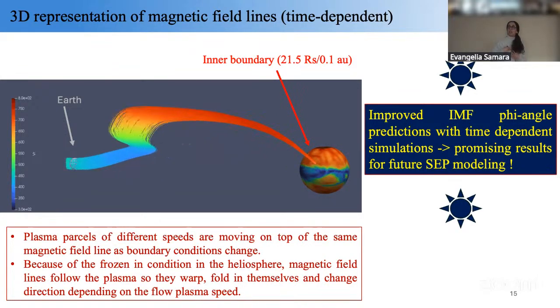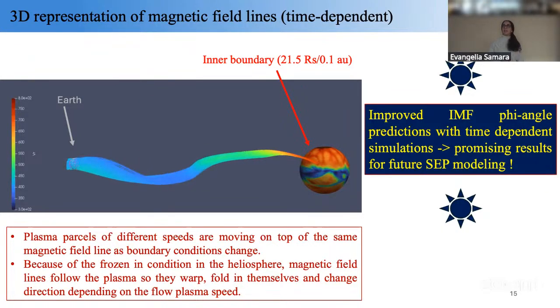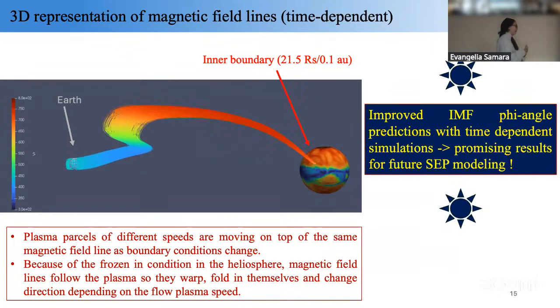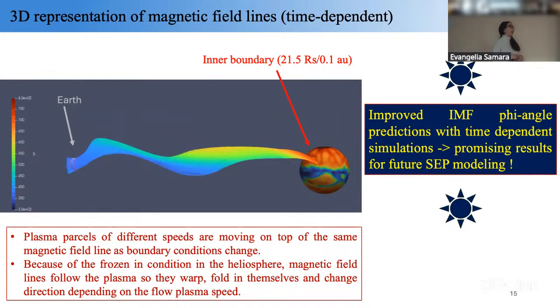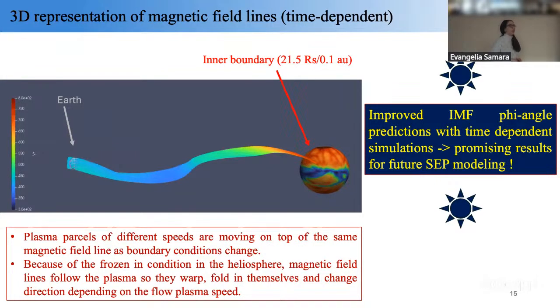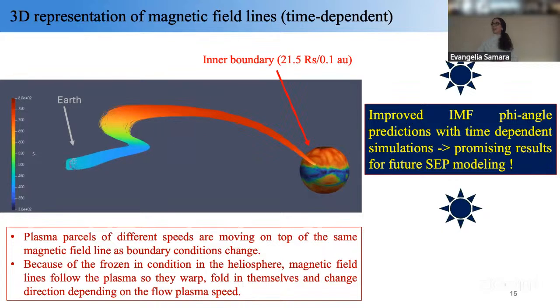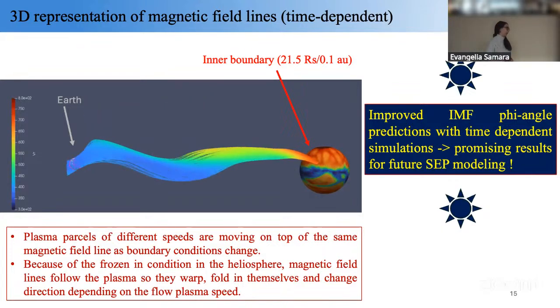I'm not an expert on SEPs, but since SEPs are moving on top of the magnetic field lines, and if we can capture better how these magnetic field lines deviate in direction and also how their length is changing, then I have high hopes that we will get very promising results for the future SEP modeling in general.